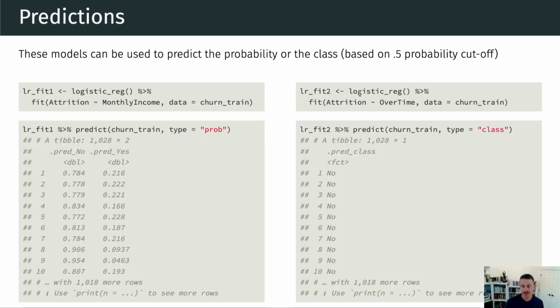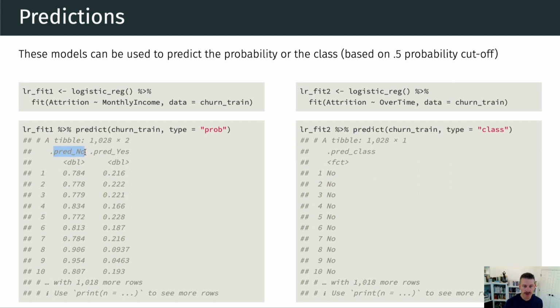Now, once we fit these models, you can see that we can actually make predictions in two different ways. Okay, so we again use the predict algorithm here, and we can say type equals prob. This means we want to predict the actual probabilities of our response variable. So recall our response is attrition, whether or not the employee is going to leave. So now when we use this prediction type, we'll get a data frame that's got two columns.